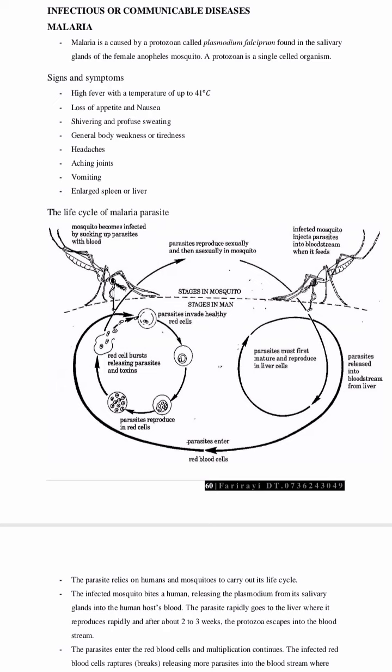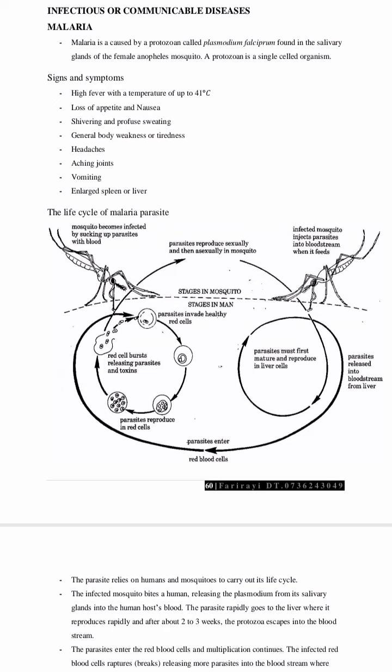They are going to rupture, and a lot of the Plasmodium cells are going to be released. And when a fresh mosquito bites someone who is infected, it is going to suck in the Plasmodium.